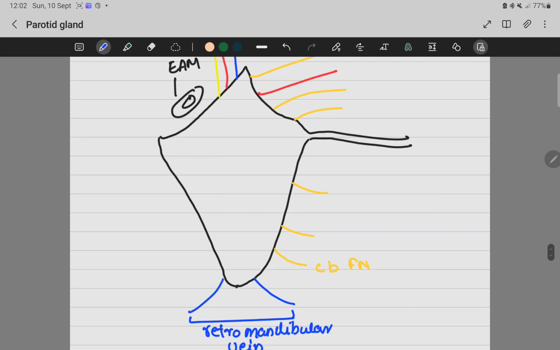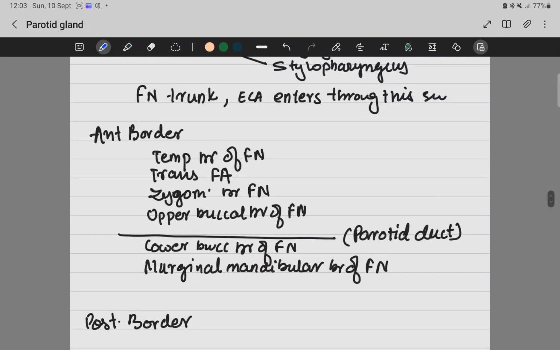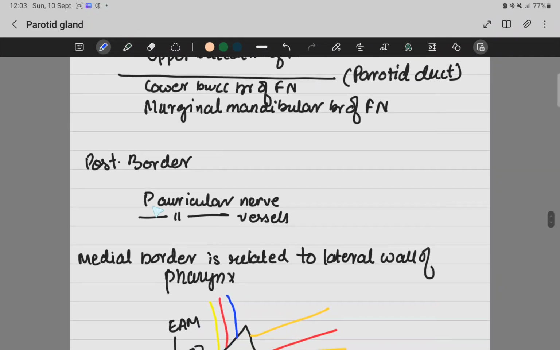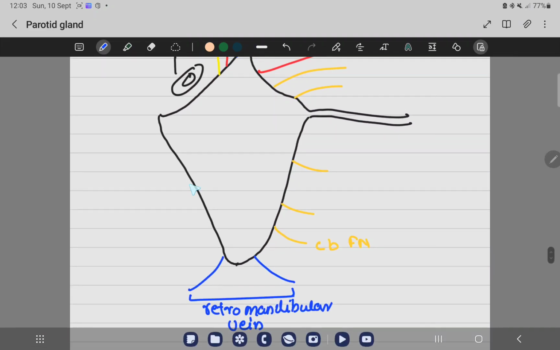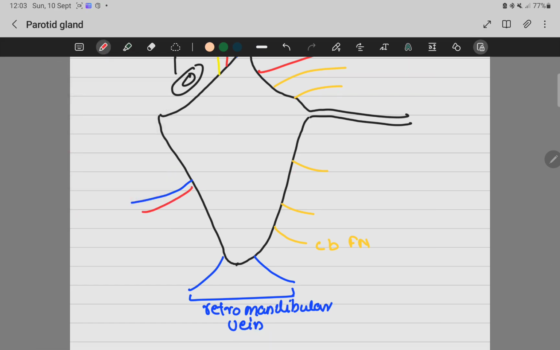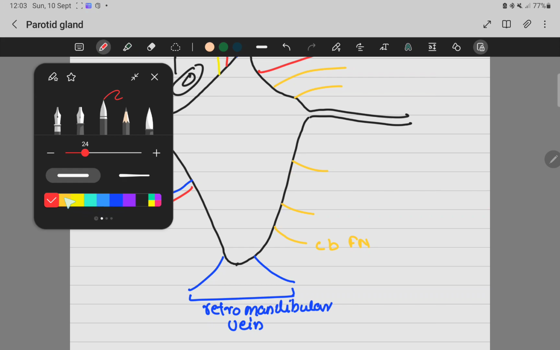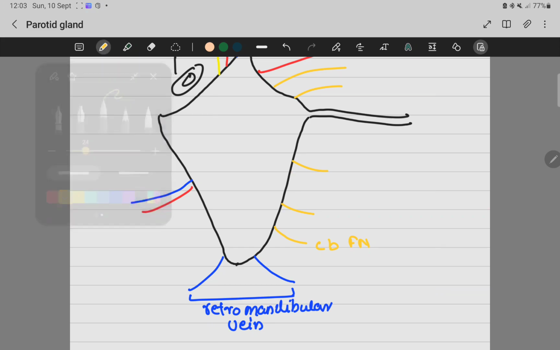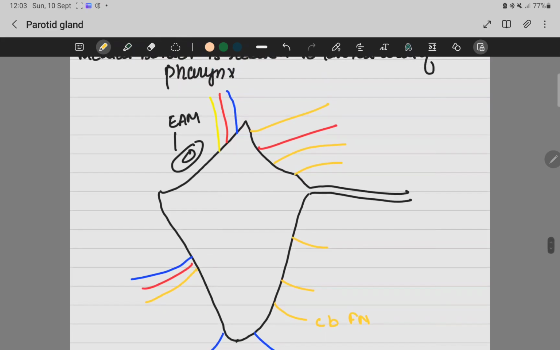On the posterior border, we had the posterior auricular nerve and posterior auricular vessels. So we'll have the posterior auricular vein, the posterior auricular artery, and the posterior auricular nerve.